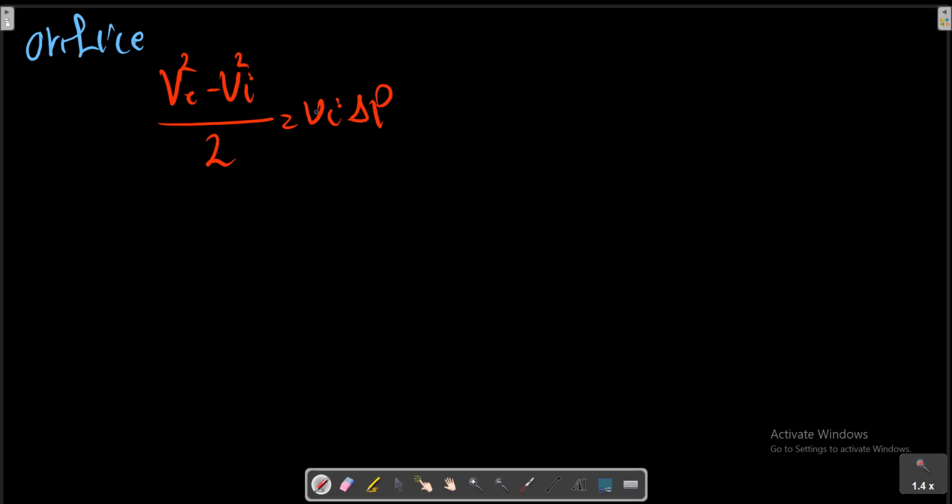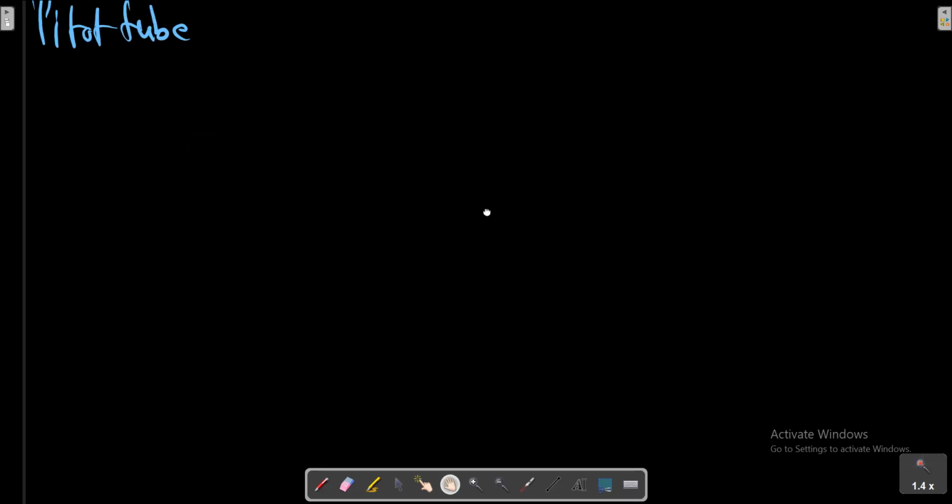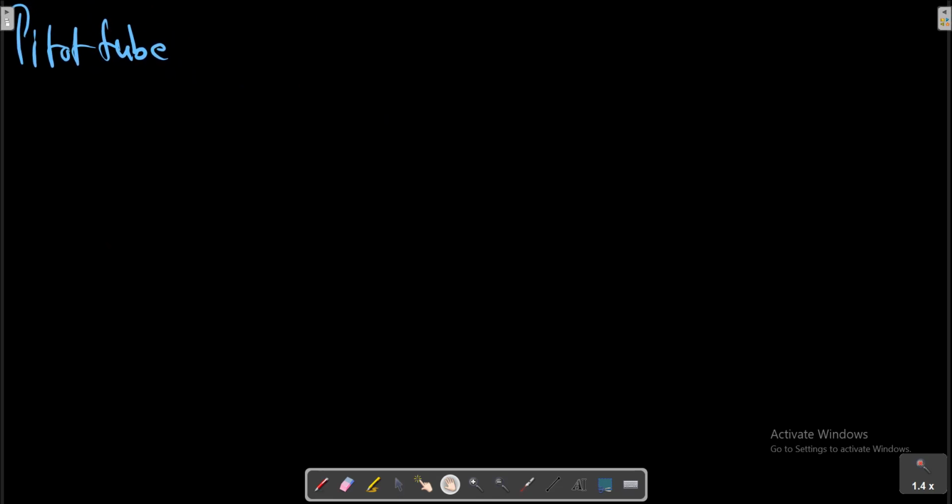The pitot tube is an important instrument for measuring the velocity of fluid.